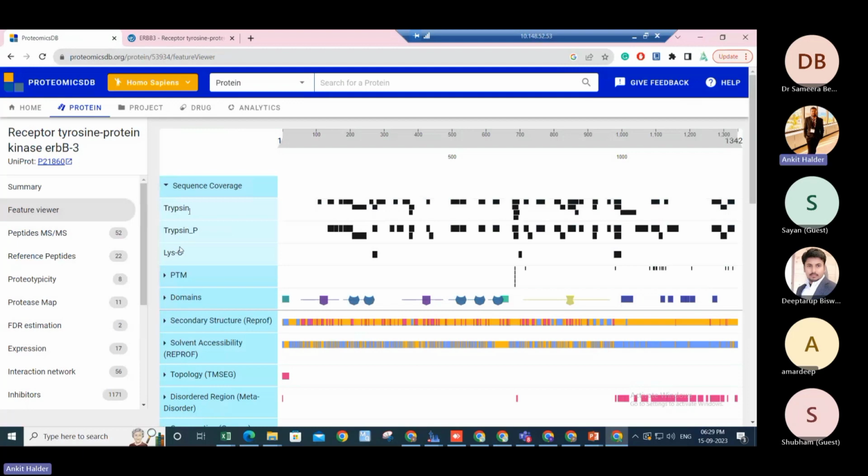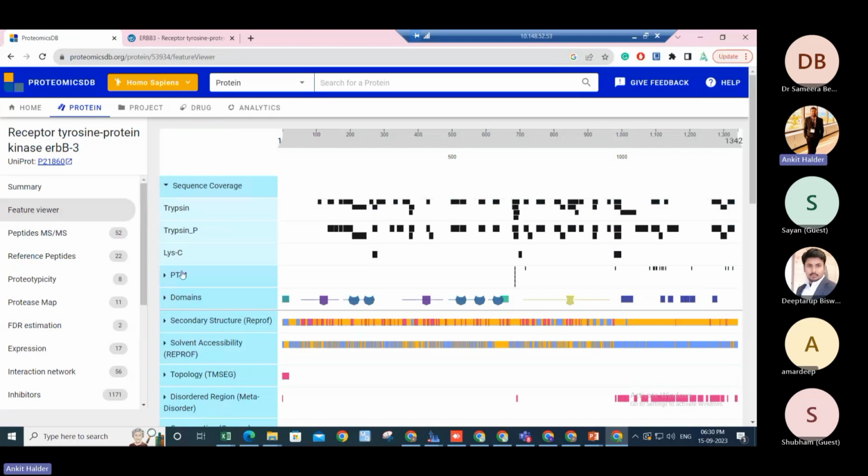Now you know that in proteomics experiments we majorly follow bottom-up proteomics, where we try to detect the peptides and not the proteins. So we need to understand how much the proteolytic enzymes can cleave a particular sequence so that it can be detected in mass spec. That's why knowing the sequence coverage is important.